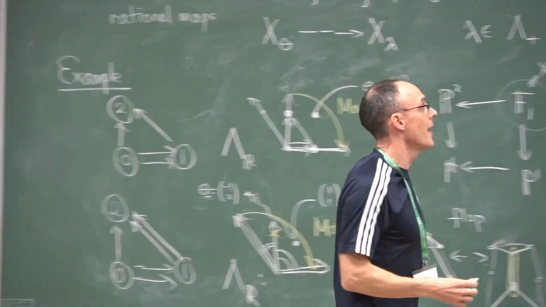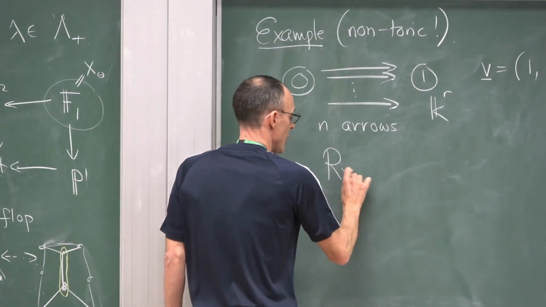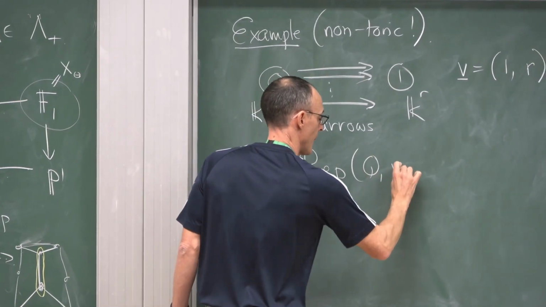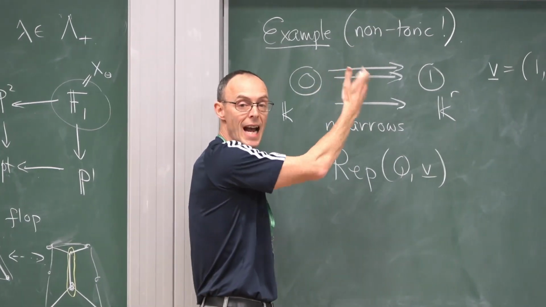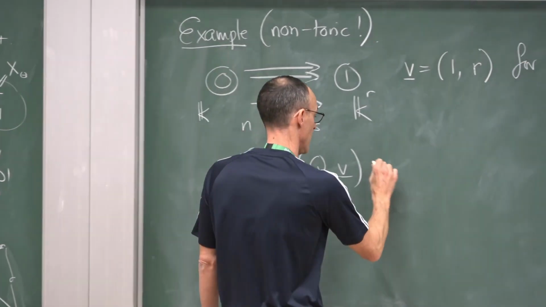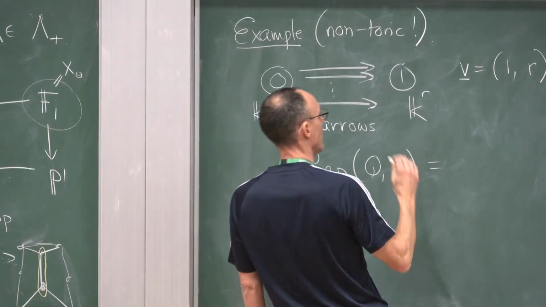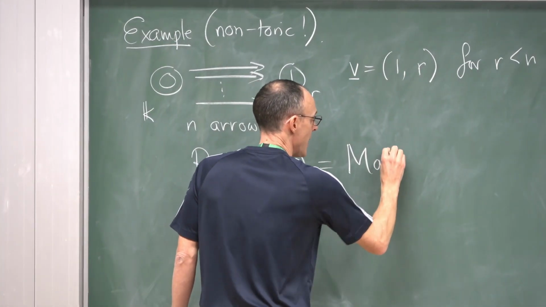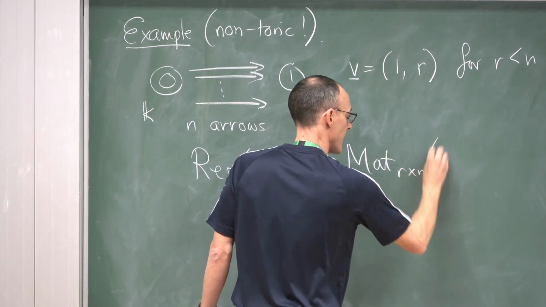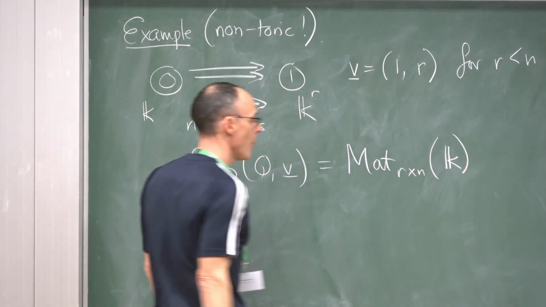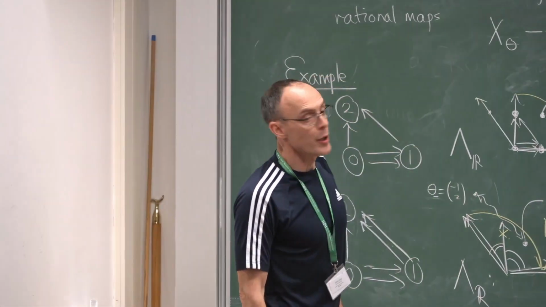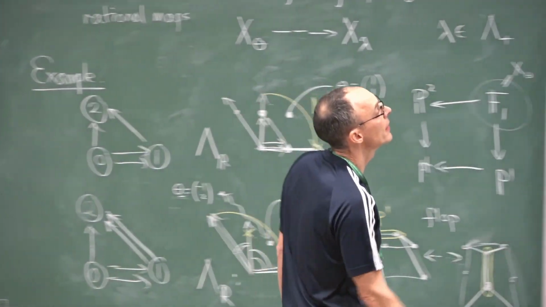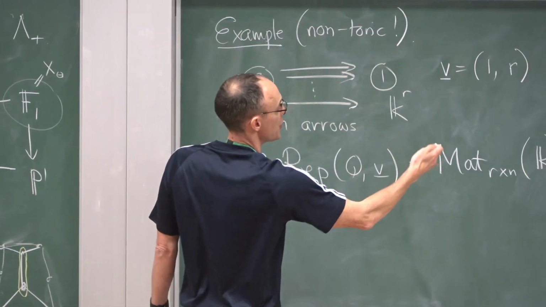Right, so I've got a collection of arrows. The representation space should be a direct sum over all arrows, but each one is a column vector, and I'm just going to gather them together into a single matrix. So n column vectors, it's just the collection of r by n matrices. And our group G that acts is only GL_r, the GL1 isn't there.